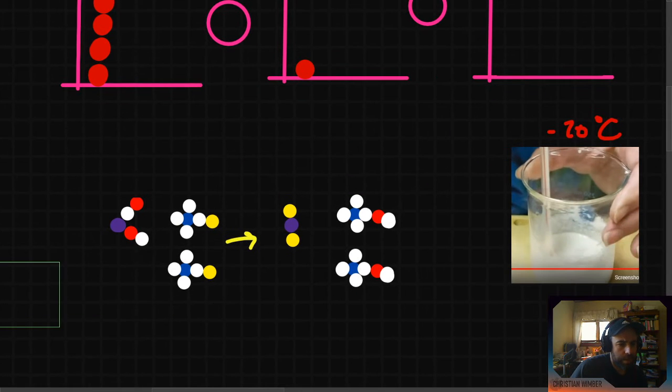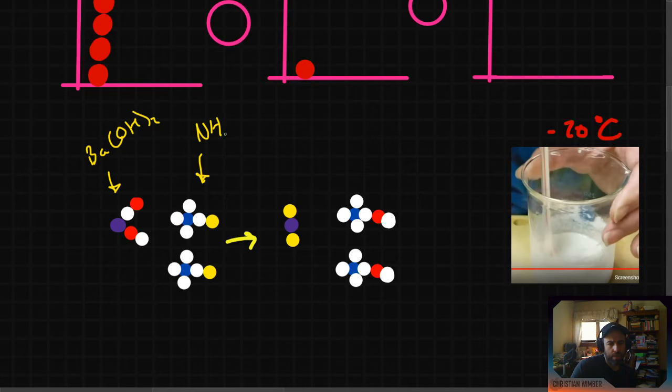So this is the reaction that's actually in the video. This thing right here is the barium hydroxide, Ba(OH)2. And this is the ammonium chloride, NH4Cl. And then when it rearranges itself, it turns into barium chloride, BaCl2, and ammonium hydroxide, NH4OH. There's two of them.